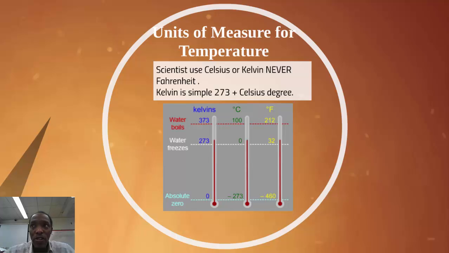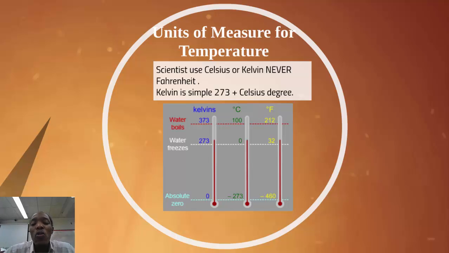If you add 273 to that, then water will freeze at 273 Kelvin. And water boils at 100 degrees Celsius, which is equivalent to 373 Kelvin, because Kelvin is simply 273 plus the Celsius degree.